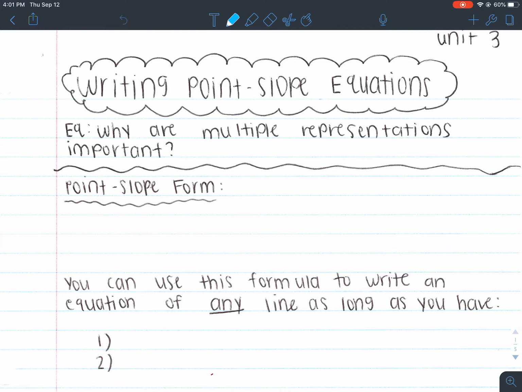Now, what do you notice? Well, I recognize this variable, and m to me means slope. M means slope, and it meant slope the previous day when we learned about slope. So m is always going to be slope. I also noticed that I have a y1 and an x1, which is very familiar to me because when I was finding slope, one of the slope formulas was y2 minus y1 over x2 minus x1.